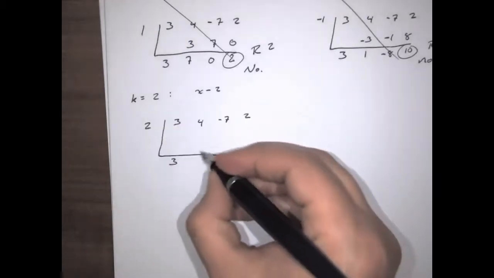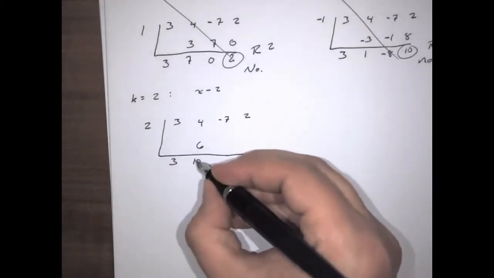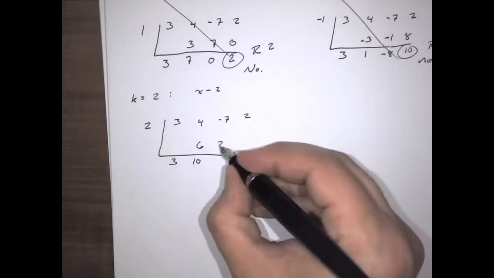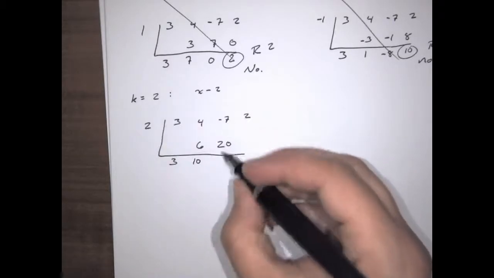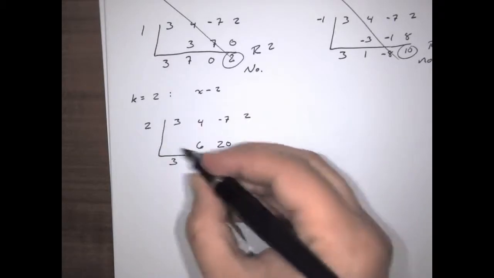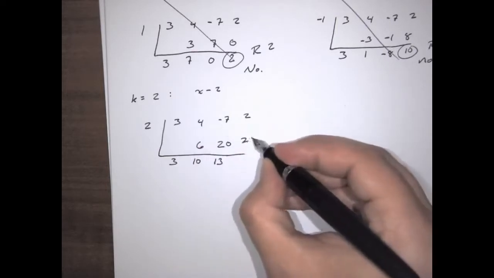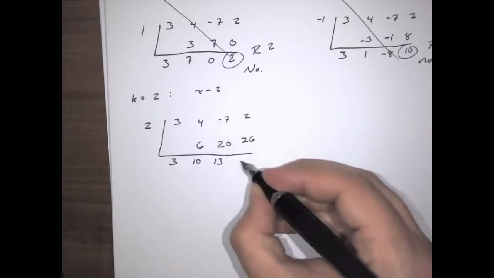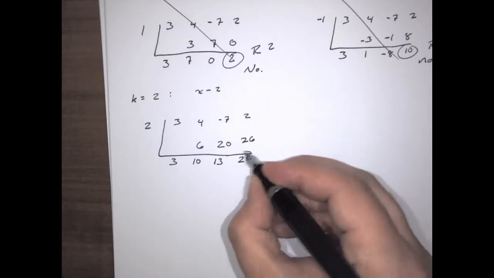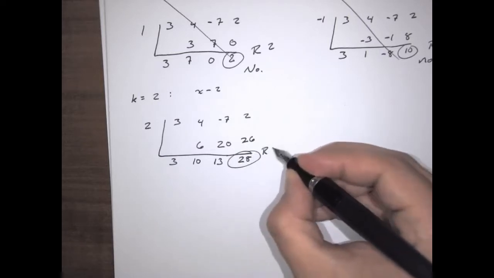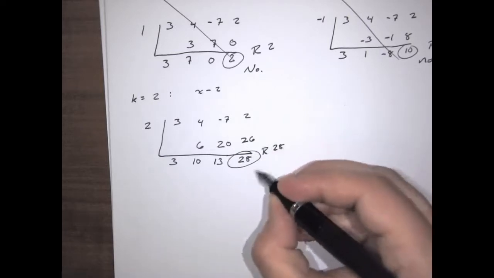And now 2 times 3 is 6. Add those, you get 10. 2 times 10 is 20. Add those, you get 13. 2 times 13 is 26. I can already see this one is not going to pan out. So remainder 28. So that's a no.